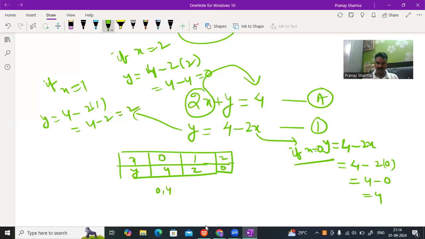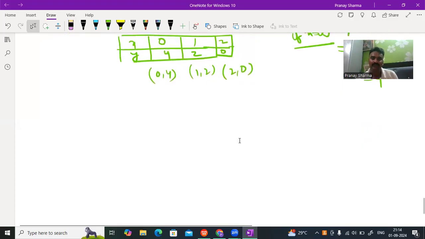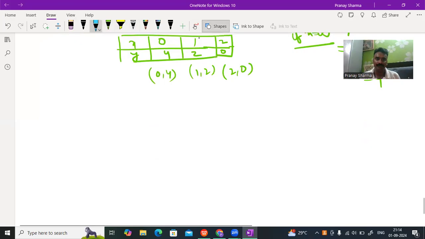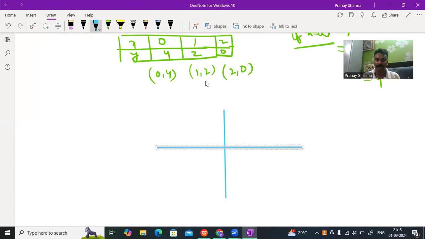So we got the ordered pairs (0, 4), (1, 2) and (2, 0). Now this is something that we should represent on a graph. How will we do it? I'll be using a different marker, blue. This is going to be the y-axis, and this will be the x-axis.